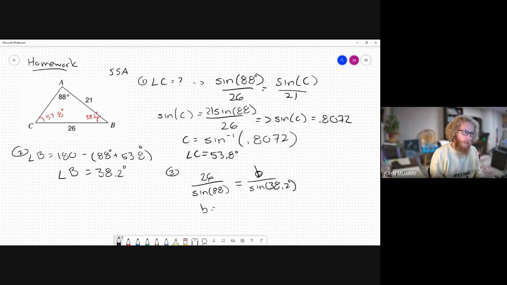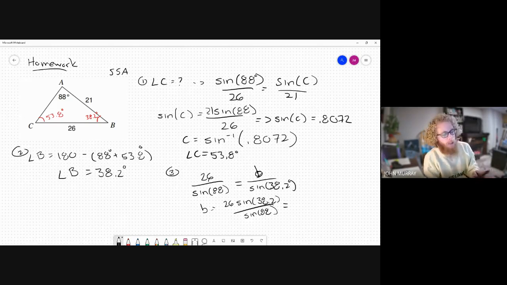So to cross multiply and divide, I get B is equal to 26 times the sine of 38.2 divided by the sine of 88. So I can plug all that into the calculator. 26 sine of 38.2 divided by the sine of 88. There, we get 16.088.